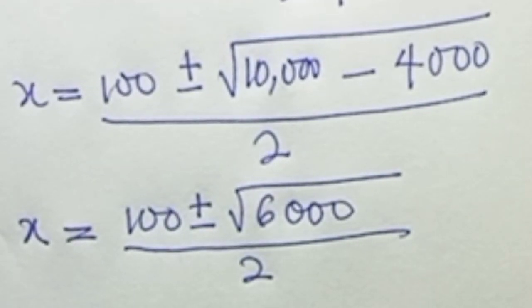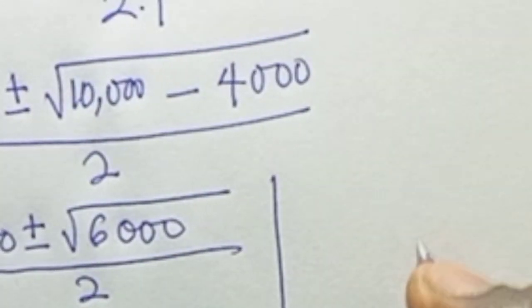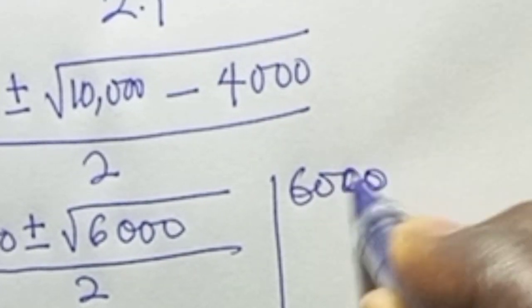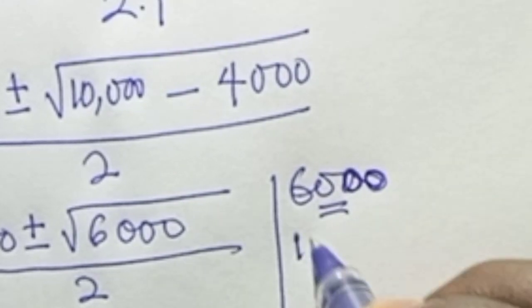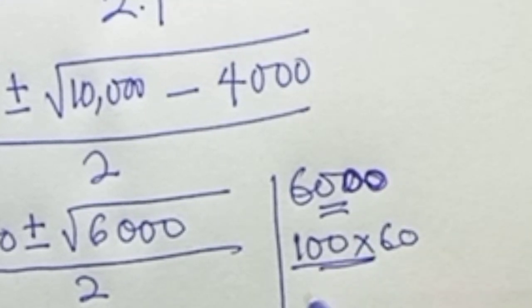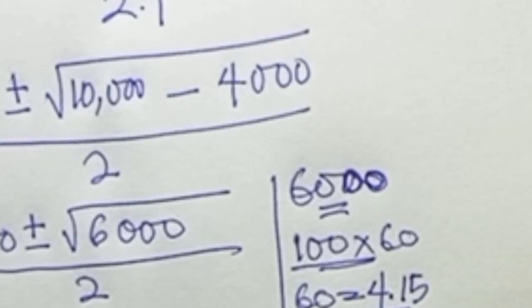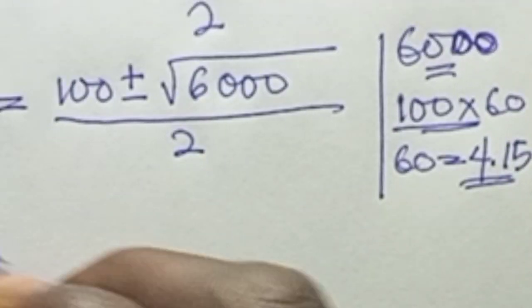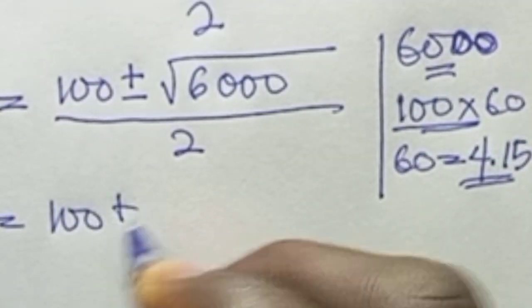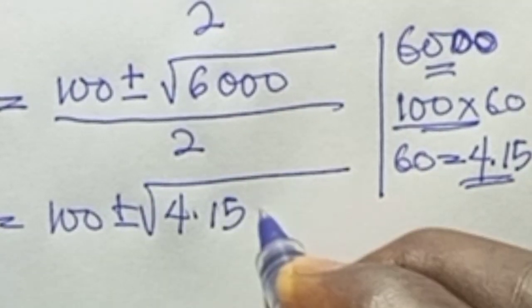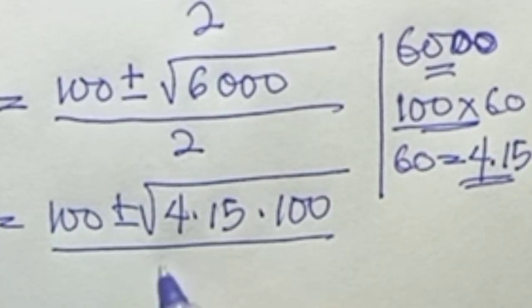So at this point, we're going to break 6000 into its factors. We have 6000, and it can be written as 100 times 60, and 60 is the same as 4 times 15. So in place of 6000, we replace these factors. x therefore will become 100 plus or minus square root of 4 times 15 times 100 all over 2.